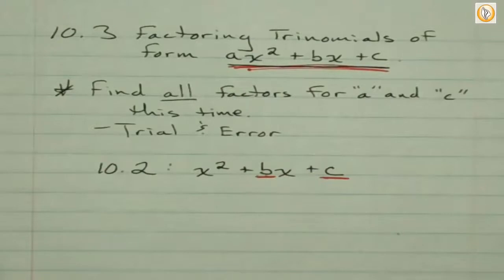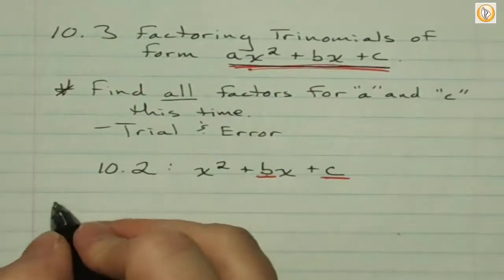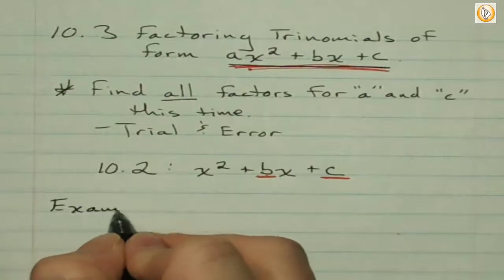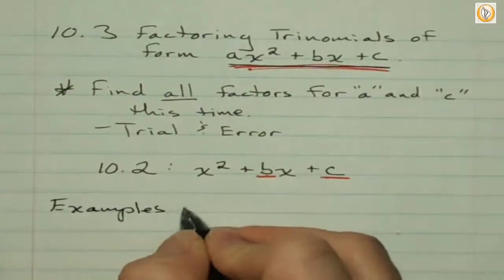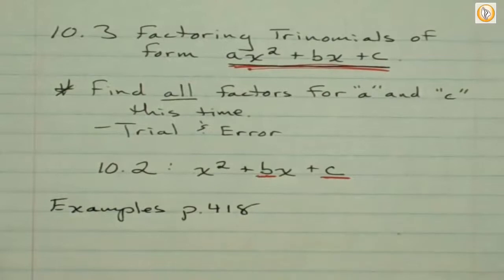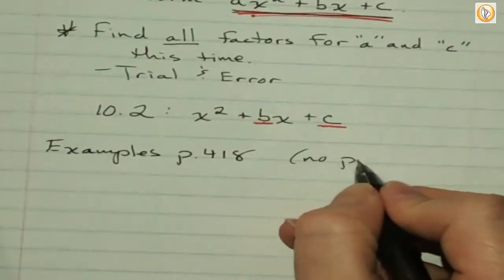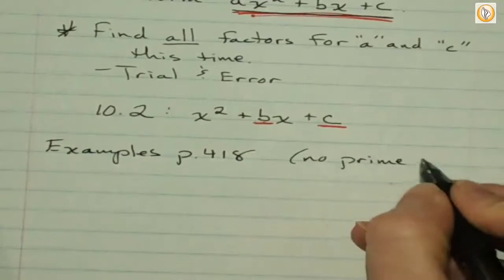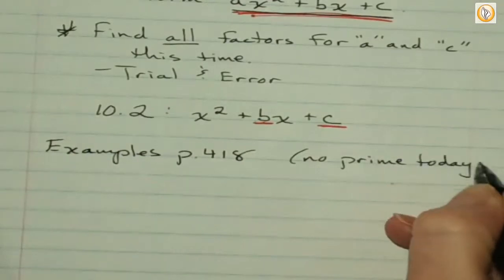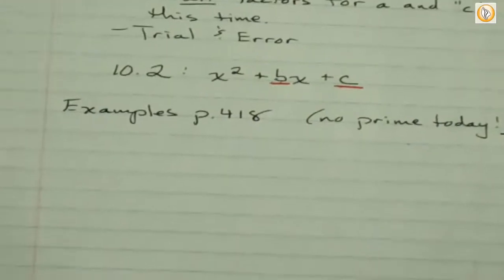All right, so we're going to jump in and just start doing examples because it's a lot of work. So go ahead and open up your book to page 418. And by the way, I'm not going to give you any prime today. So don't worry about it.